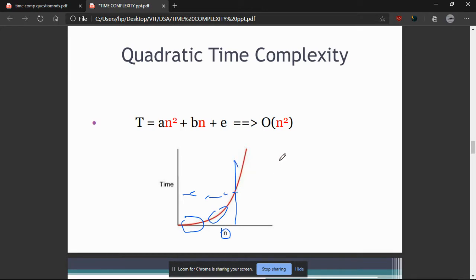So this is what a quadratic function looks like, and we call it quadratic time complexity.